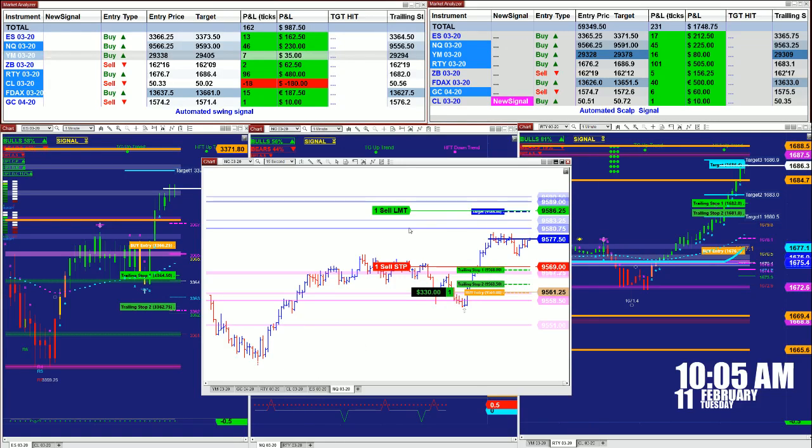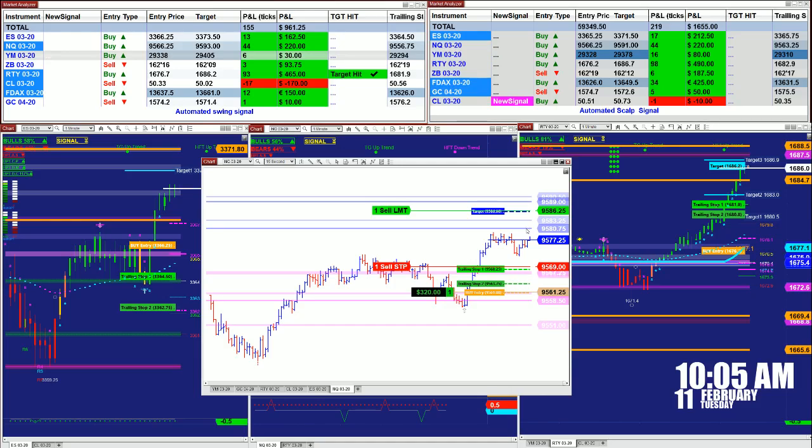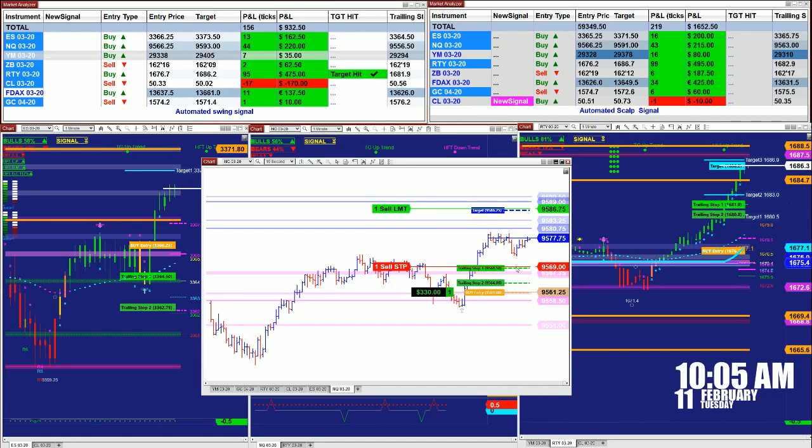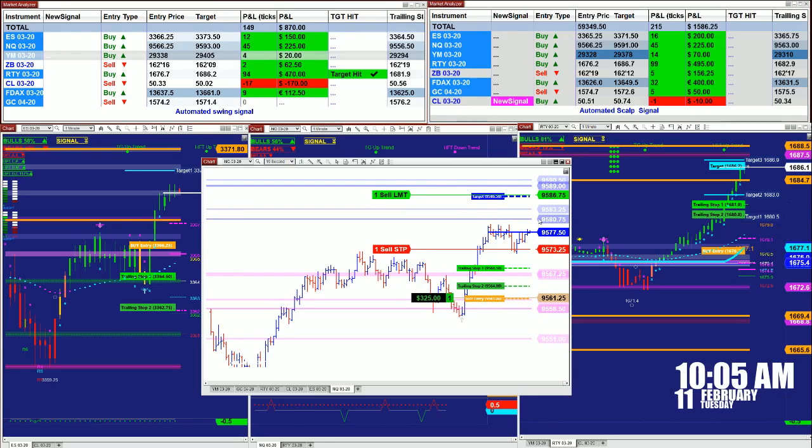So there is a problem coming into this resistance area, and if I want to, I can tighten up the trailing stop a little bit and try to secure more of this profit.